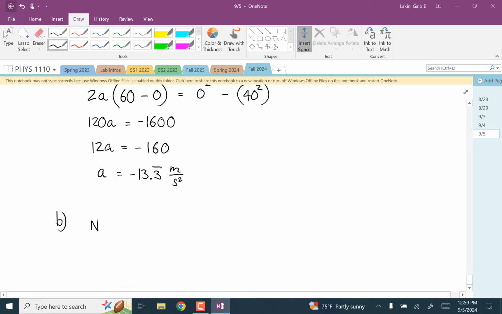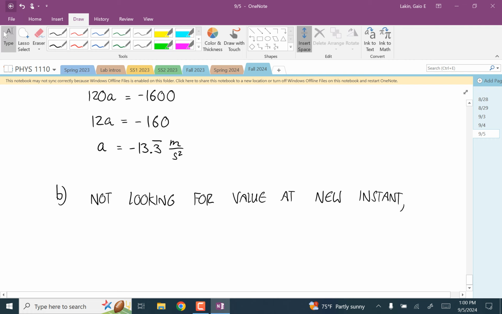We're not looking for a value at a new instant. So we might as well just keep all of these things the same.